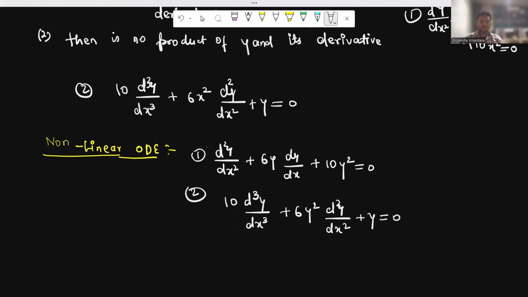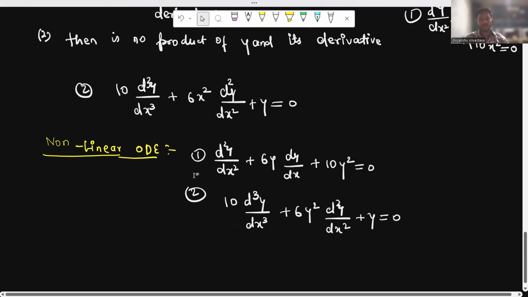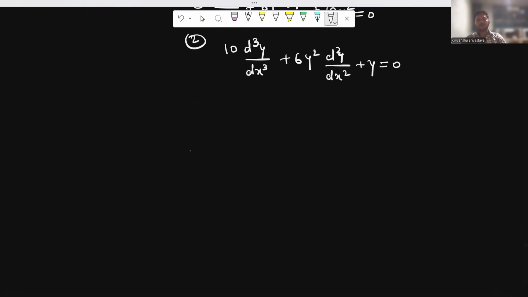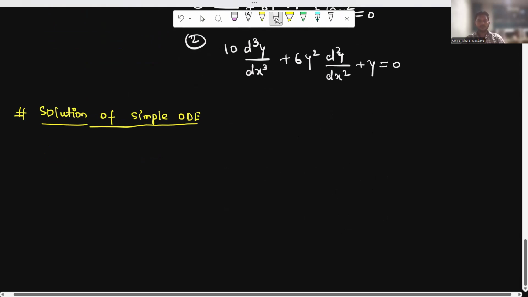These are the examples. Now move on to the solution of a simple ODE. I'm going to teach you the solution of a simple ODE.